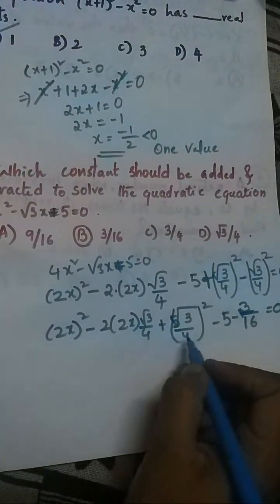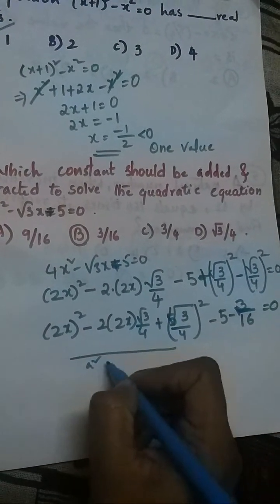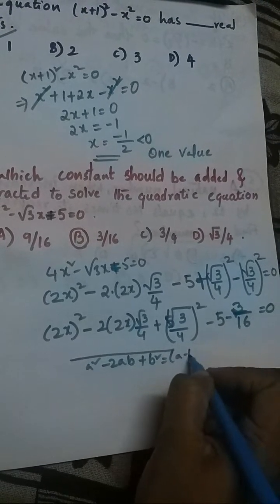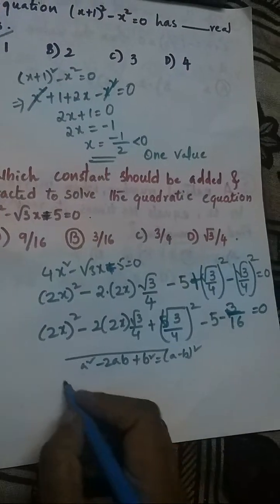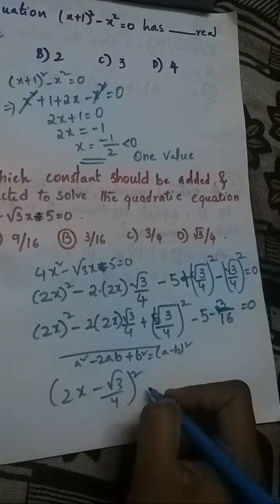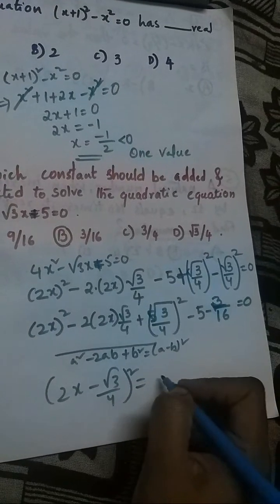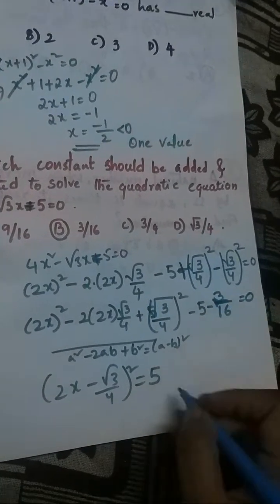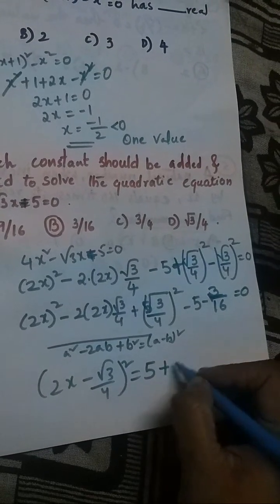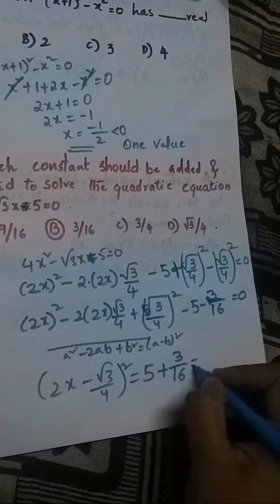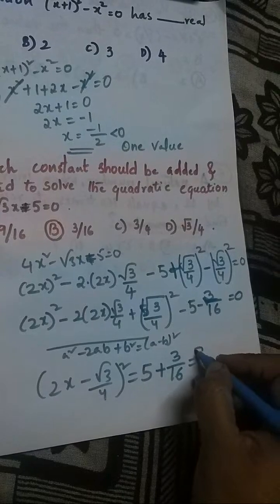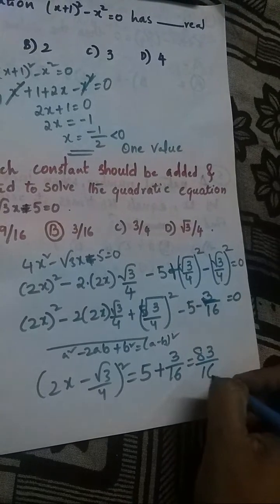Now this is in the form of a squared minus 2ab plus b squared, that is (a minus b) whole squared. So write it as (2x minus root 3 by 4) whole squared. Then 5 comes to this side, it becomes plus 5, and this is also plus 3 by 16. This becomes 16 fives, 80 plus 3, 83 by 16.